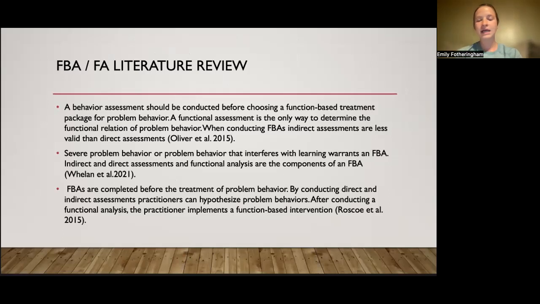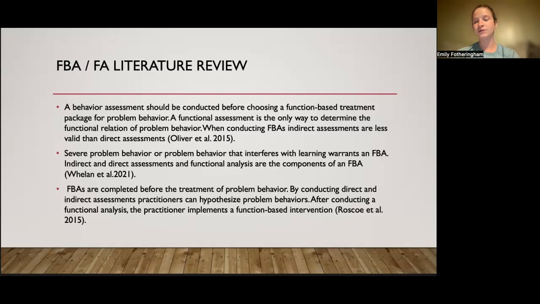It noted that a behavior assessment should be conducted before choosing a function-based treatment for problem behavior. A functional assessment is the only way to determine the functional relation of problem behavior. And when conducting an FBA, indirect assessments are less valid than direct assessments.